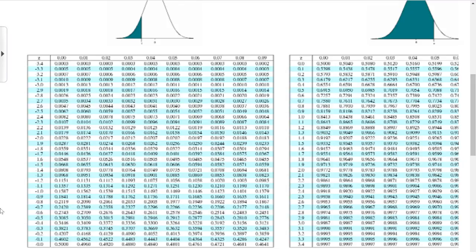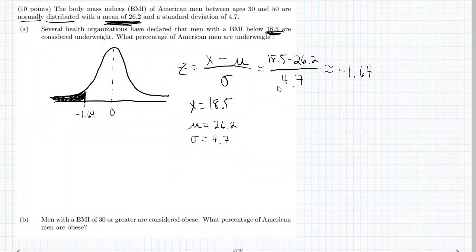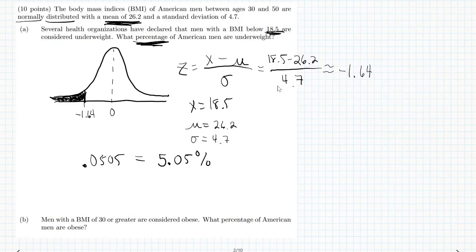Okay, so we have our answer was 0.0505, but it's asked for what percentage? And so that is the same thing as 5.05%. Okay? The whole trick was setting up the z-score and then just looking up in the table.